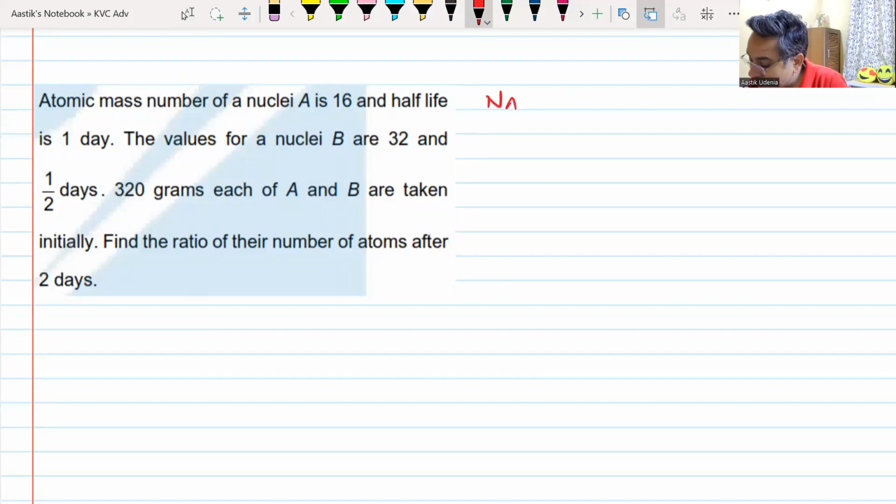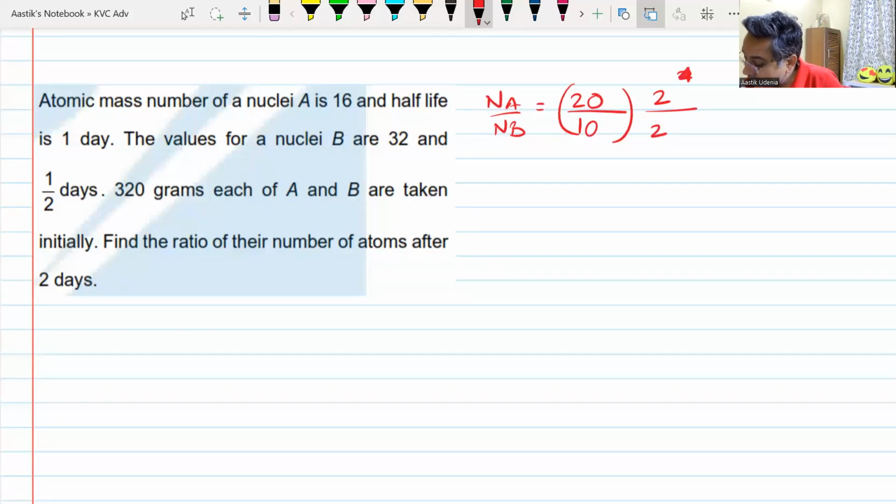The ratio of the number of A divided by the number of B will be equal to n naught. You have to find the value of n naught here. In the first case, n naught is 20. In the second case, the value of n naught is 10, so 20 by 10, into the number of half-lives of the second. Again, I make mistakes in these calculations. The number of half-lives of the second one is 4.